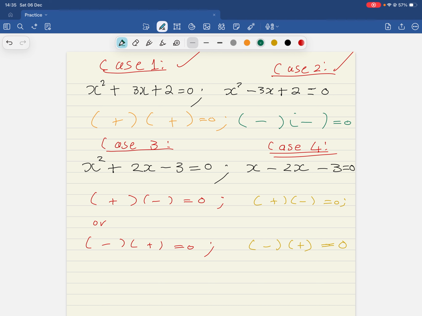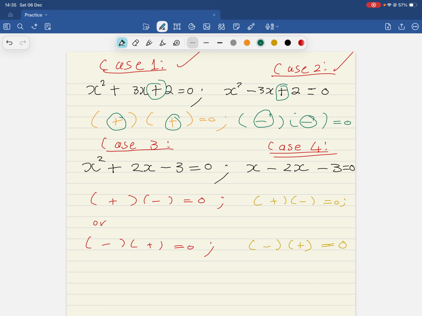So with the first case, we have a plus at the end, and also notice that case 2 also has a plus at the end. If you have a plus at the end, it means that the signs are the same. If you look at case 1 and case 2, you'll identify that there's a plus here and a minus here. So how do I know which one?